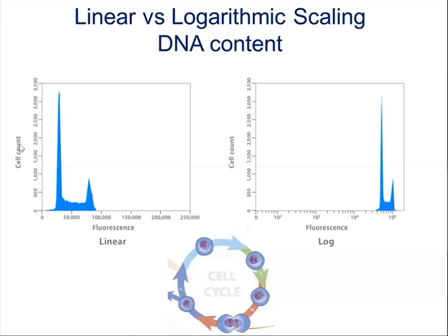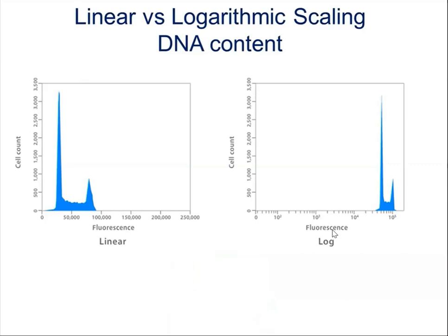This is a histogram, with cell count on the y-axis. The histogram is better when you express the DNA binding dye in a linear scale compared to a log scale. Now you understand when to use a linear scale and a log scale. Clear? Any doubts?